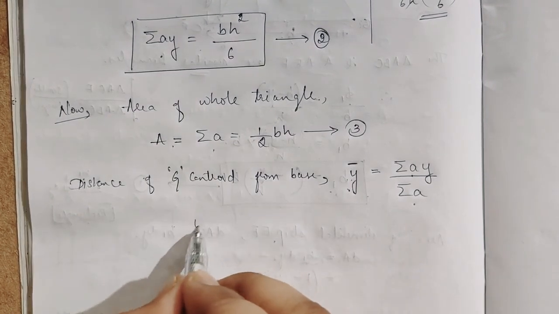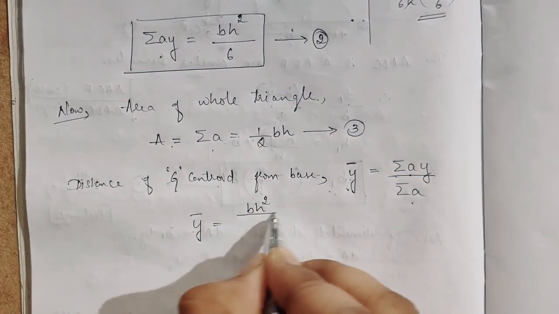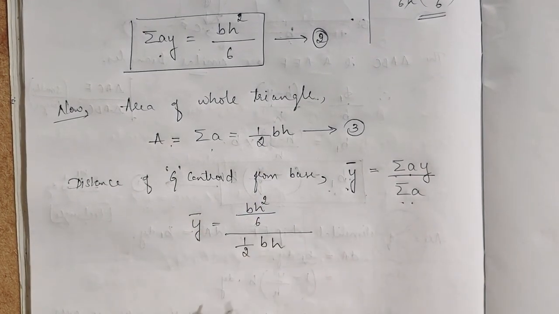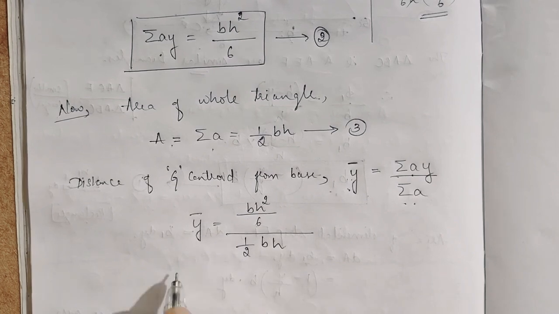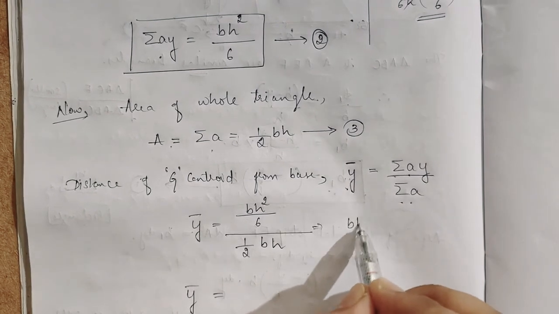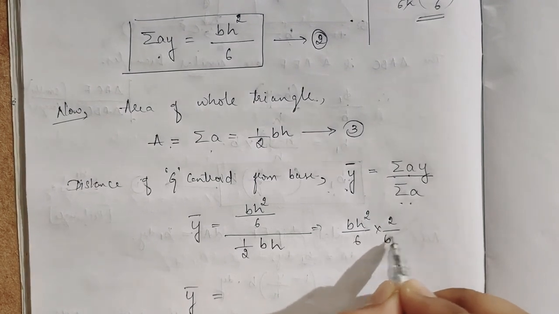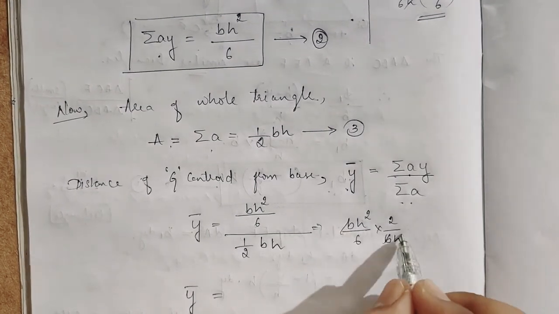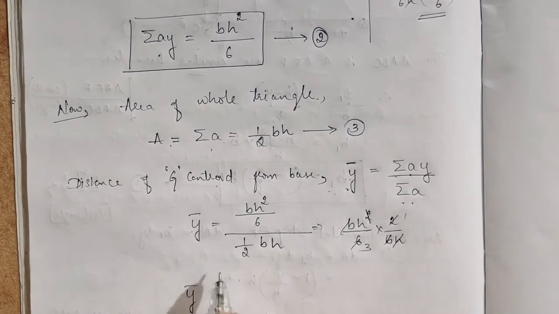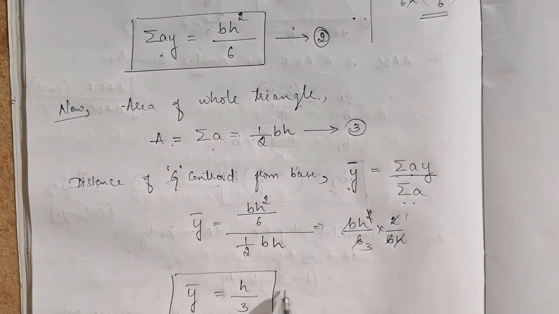Can we find it directly? y bar is equal to summation of a y, that is bh square by 6, divided by summation of a, that is half into b into h. So y bar is equal to bh square by 6 into 2 divided by bh. So b cancels, h cancels, 2 1s are 2, 2 3s are 6, it will be h by 3. So y bar is equal to h by 3 from where?